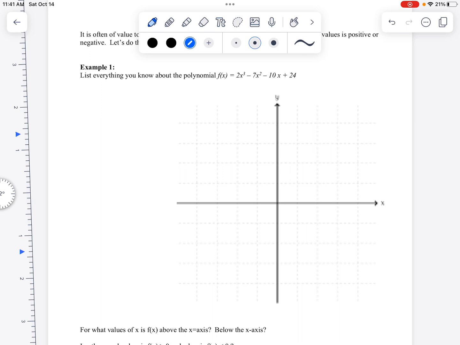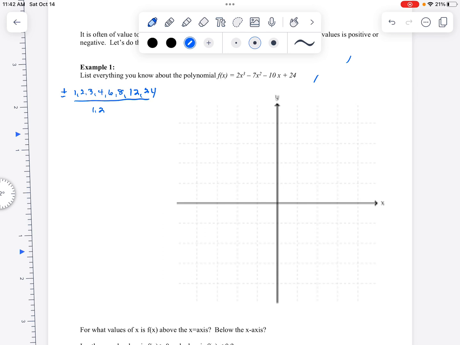It's a cubic. It's a positive leading coefficient, so it's going to come up from the left and go up to the right. It's going to have possible zeros of a ratio of 1, 2, 3, 4, 6, 8, 12, or 24 over 1 and 2. Oh, that's a lot of zeros to check.